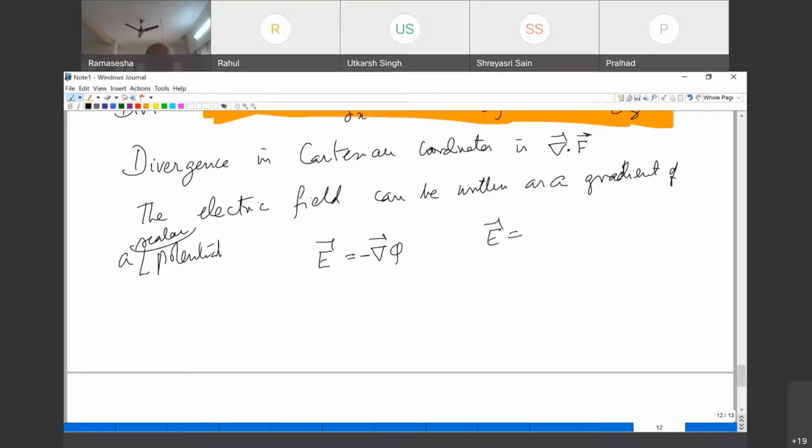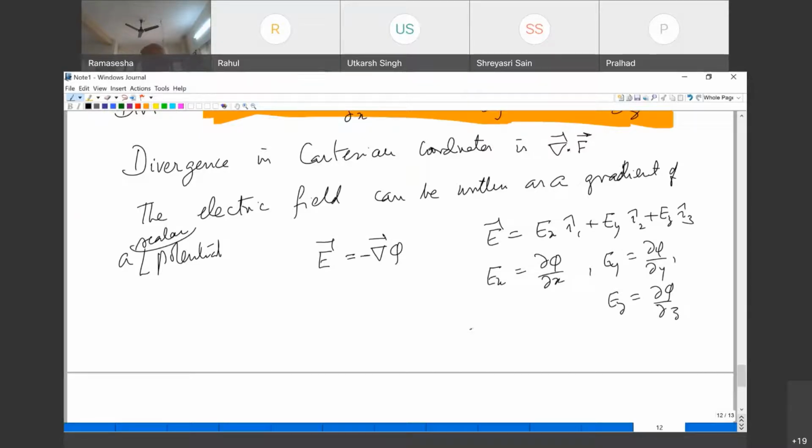Okay, this is what we came to write because we want to make sure that E, which is actually given by Ex times I1 plus Ey times I2 plus Ez times I3, is an exact differential. It's an exact differential if Ex is equal to del phi by del x, Ey is equal to del phi by del y, Ez is equal to del phi by del z.